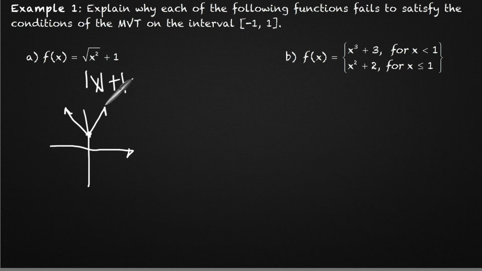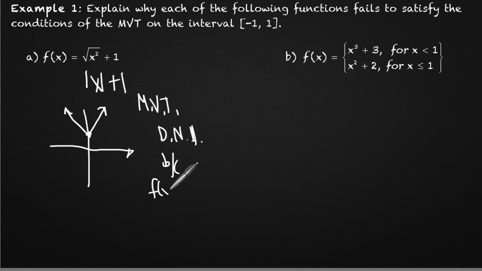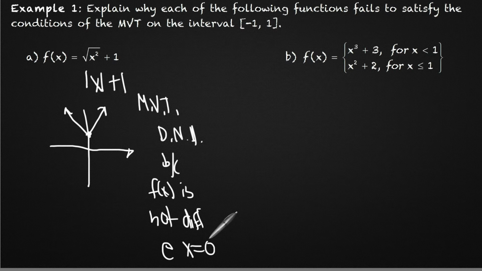And so we see that at x equals 0, which is right in between negative 1 and 1, there is a sharp corner. So the mean value theorem does not apply because f of x is not differentiable at x equals 0.